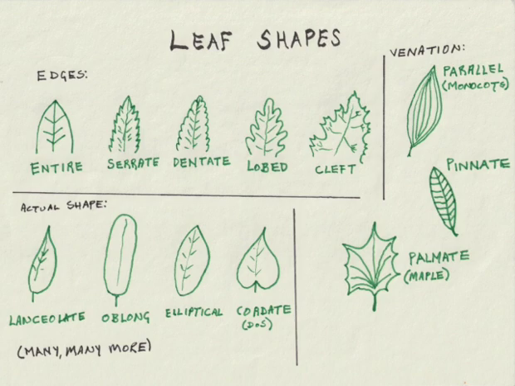Leaf shapes are also very important when you identify a plant. The edges of the leaves, what do the edges look like? Is it entire? And that simply means smooth around the edge. Or serrate, meaning like a saw.